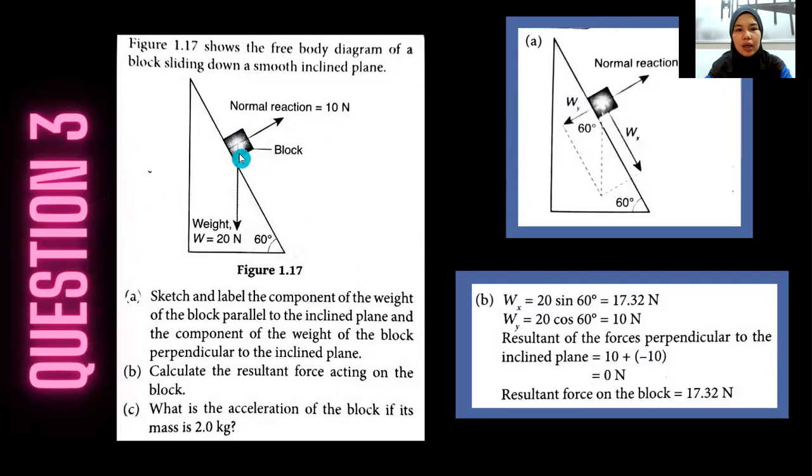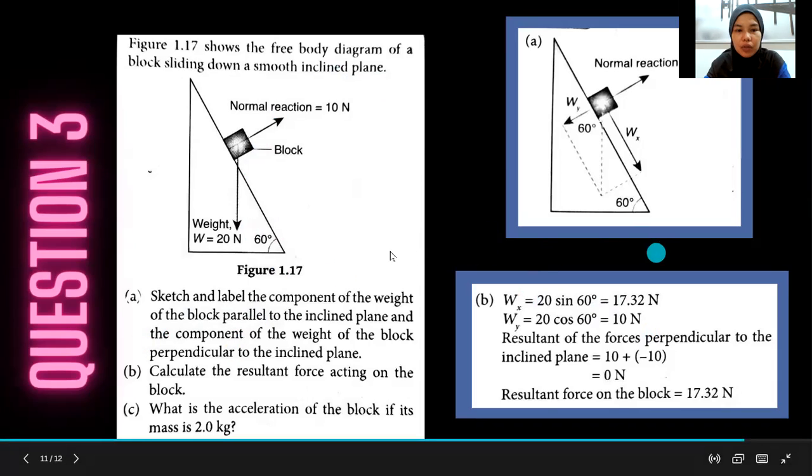So downward, you will get reaction in the y axis and there is no friction. If it is a smooth inclined plane, that means there is no friction at all, unless it is said that the box is stationary and there is a frictional force. If the question didn't mention a frictional force, then you don't need to consider it in your solution.